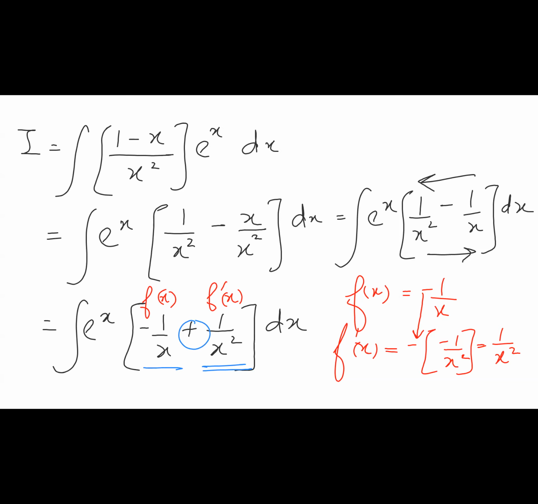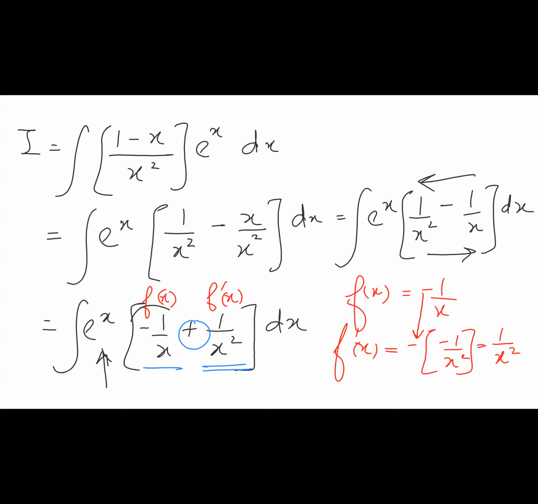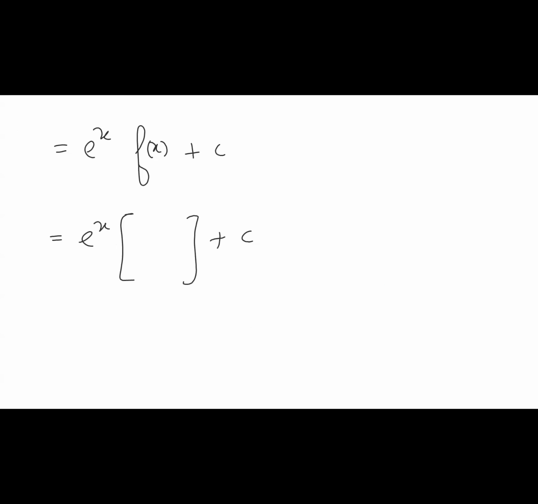So this is f of x plus f dash x and there is e raised to x outside. So we are going to write the answer as e raised to x f of x plus c, and your f of x is minus 1 upon x.